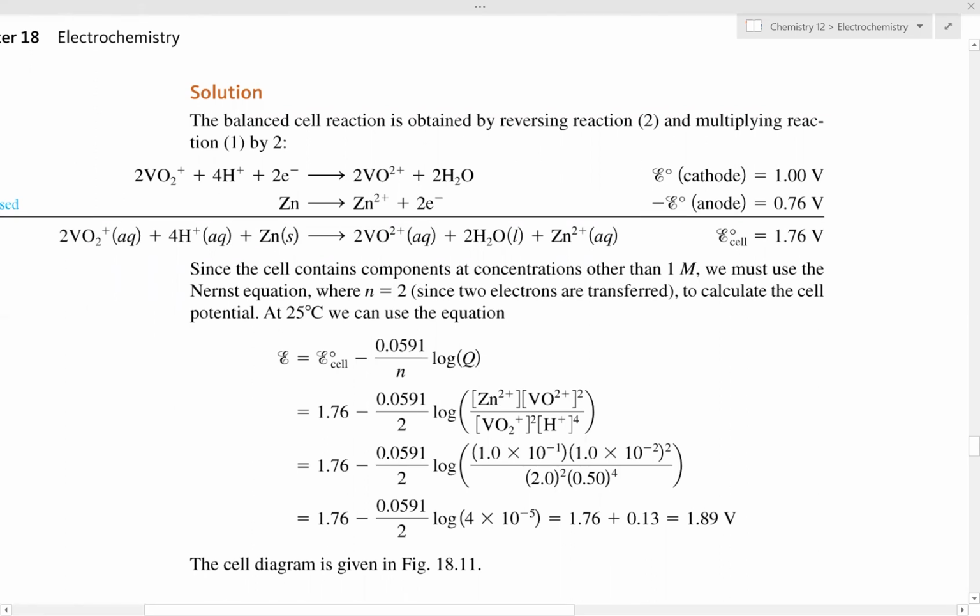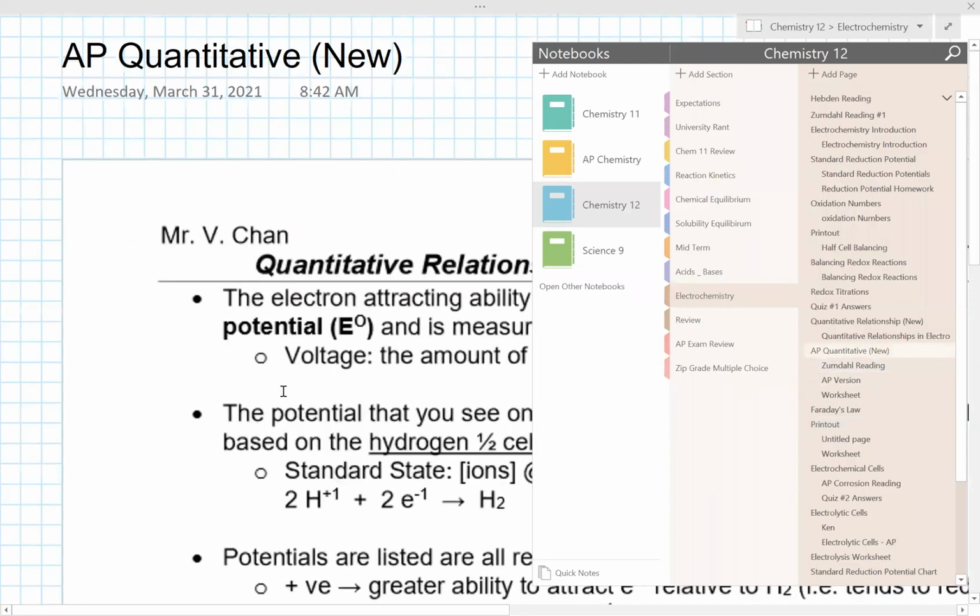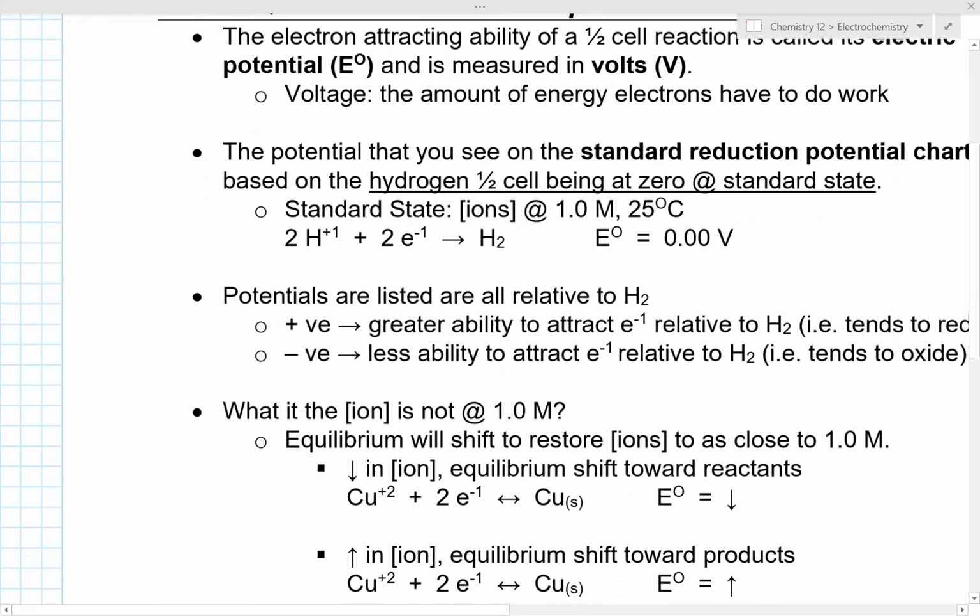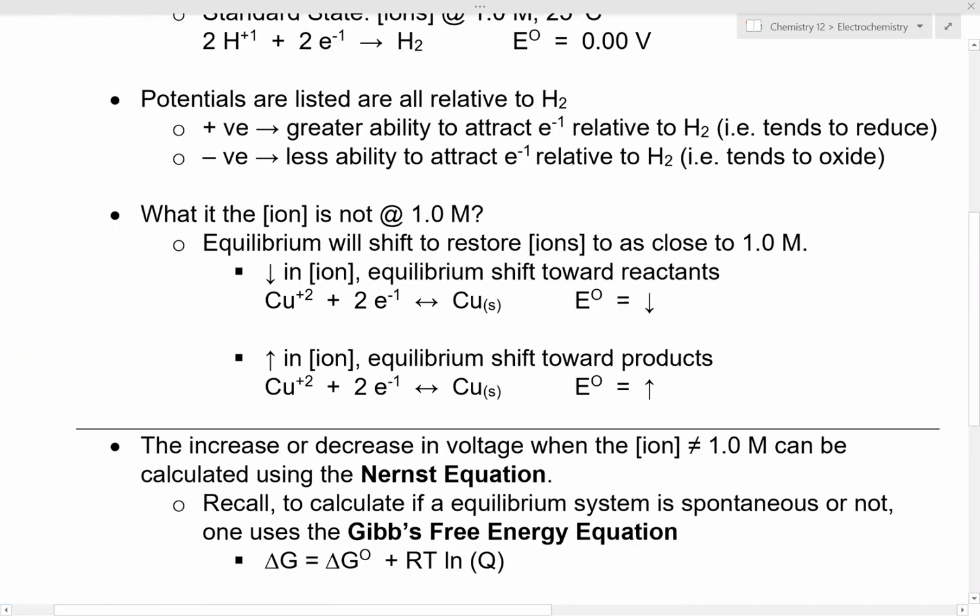You should be able to calculate what the voltage is, and you would often need to refer to the Nernst equation. So that is just a brief summary of the Nernst equation and how it relates to quantifying the changes in the voltage if the conditions are not at 1 molarity.